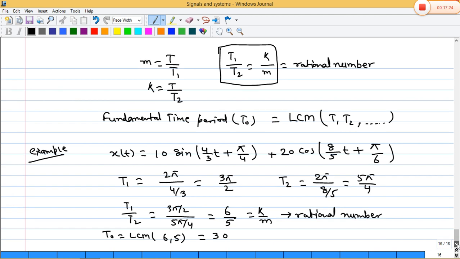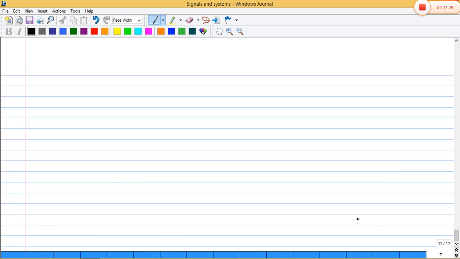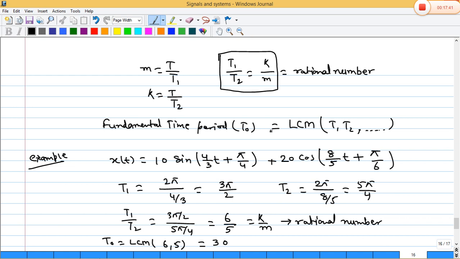Okay. Now next, in this one, the LCM of this multiplied by T1.